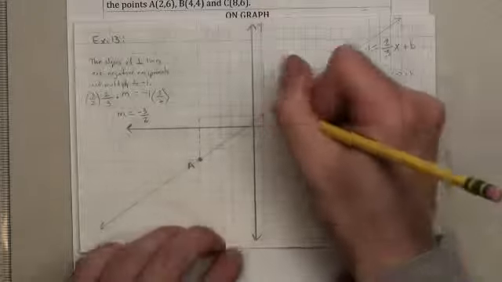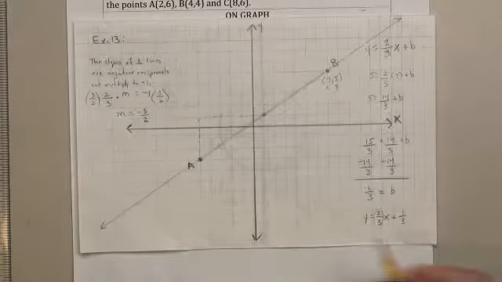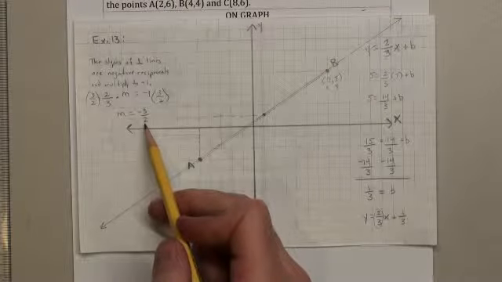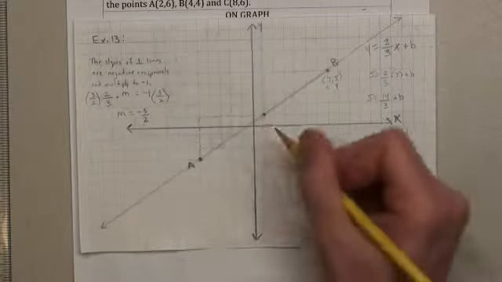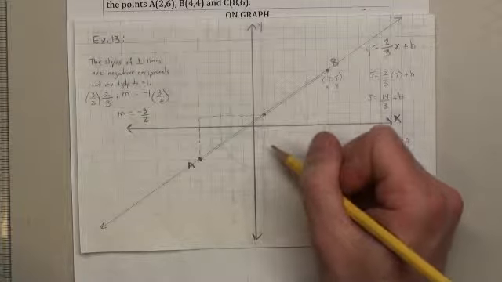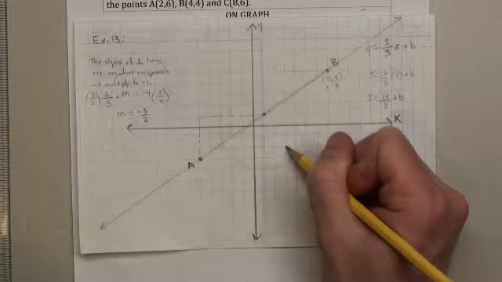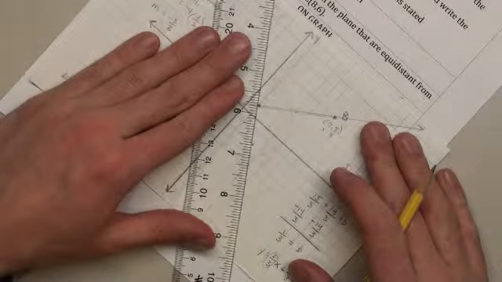All right, so I know this is a point on the line, and my slope is -3/2. So that means I'm going to go down 3 and to the right 2. From this point, down 1, down 2, down 3, and to the right 2. Make a point. That's all you need, is 2 points to draw a line. So I'm going to line that up.